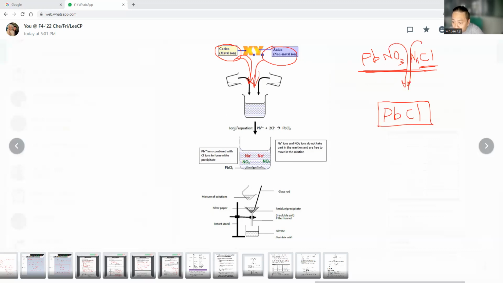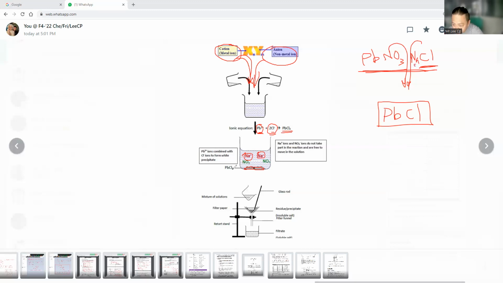You have Pb and Cl, and it will form PbCl2, where your lead ion combined with chloride ion forms the white precipitate here.